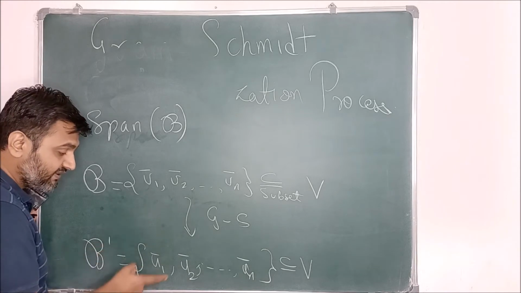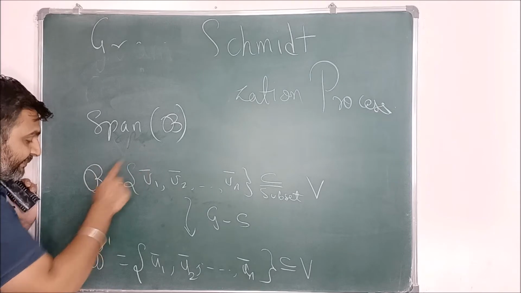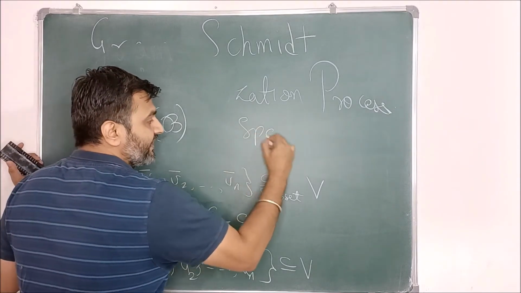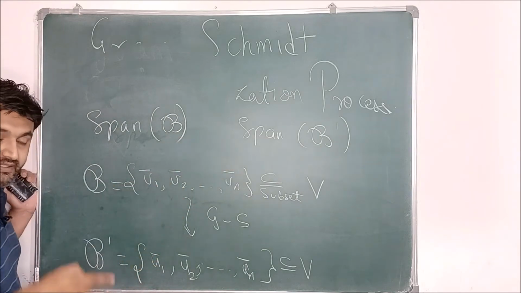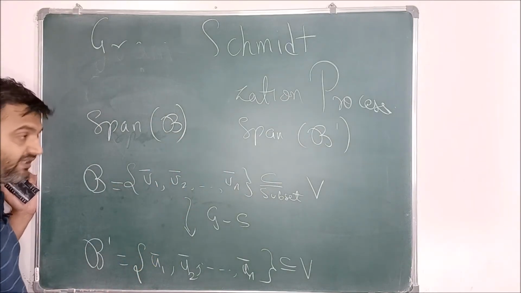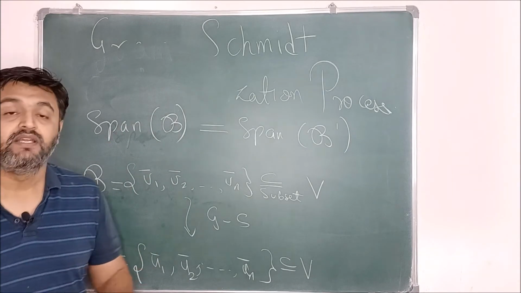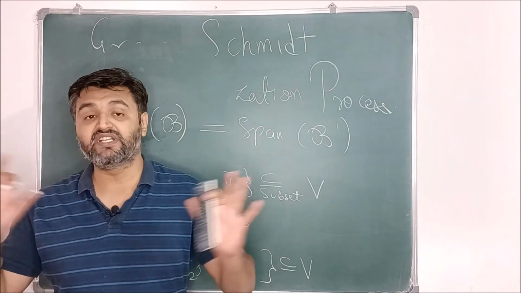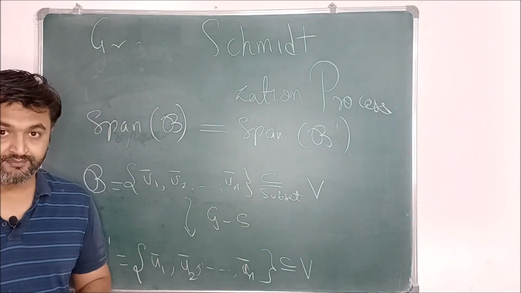Moreover, this conversion happens very smoothly. Smoothly as in, if you take the span of B and the span of B prime, these both are subspaces of the vector space V. What they proved is that these two are the same. They both span the same subspace. You don't get different subspaces. And that's why this is a very good result.